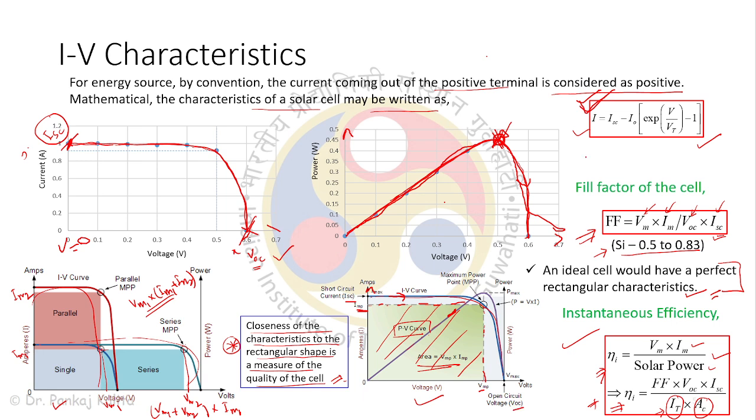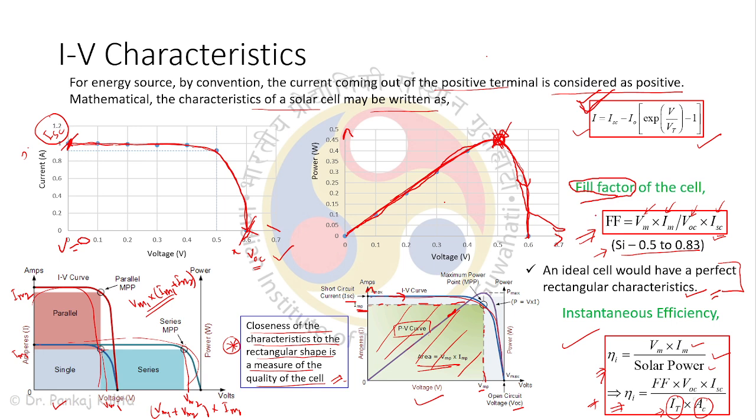So to relate this actual solar cell to the ideal solar cell, a term has been included, the fill factor. Fill factor basically tells about the quality of the cell, how close to the ideal this solar cell has been manufactured. So the closer this IV curve is to this rectangular characteristic, the better is the quality of the solar cell.